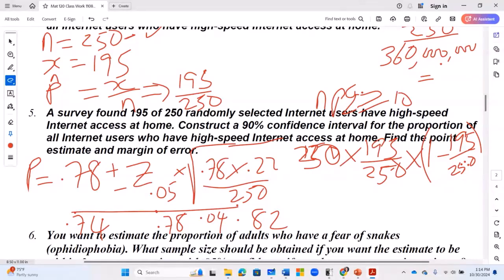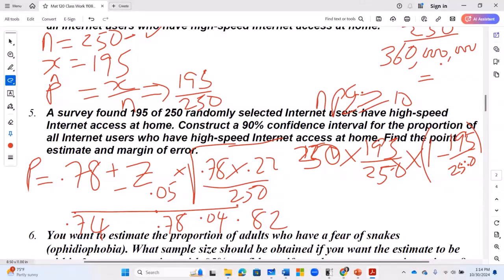So I have calculated the confidence interval. I can now say that I am 90% confident that the population proportion lies between the lower bound, 74%, and the upper bound, 82%.